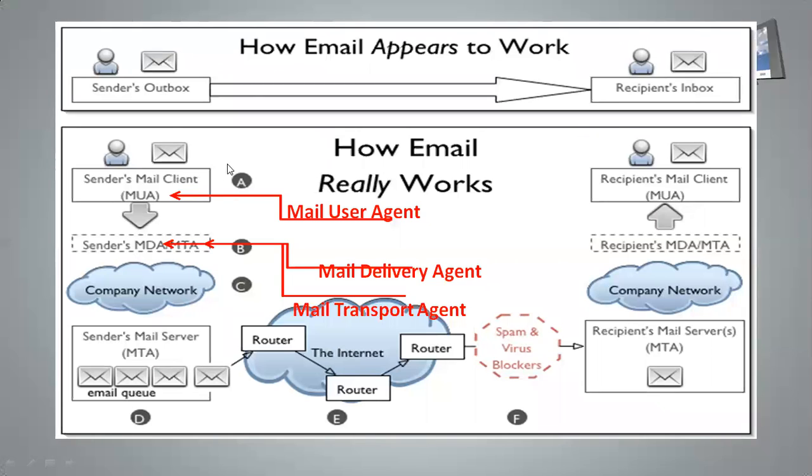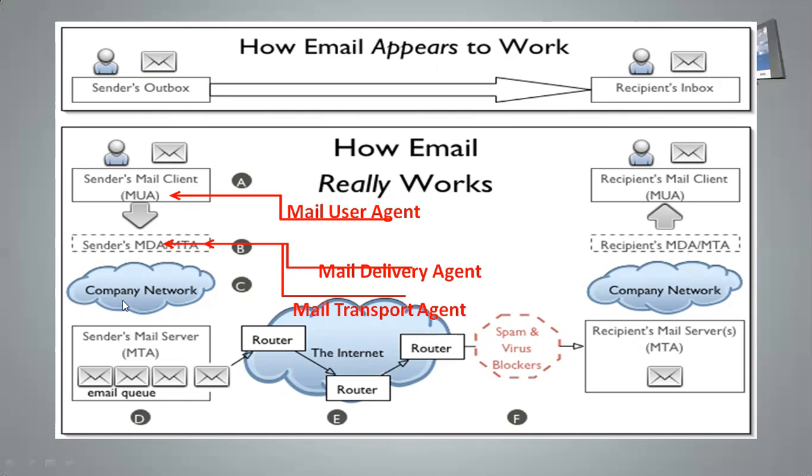First, in step one, the sender sends the mail with the help of the user agent. The user agent receives that message from the sender and transfers it to the mail delivery agent or mail transport agent.